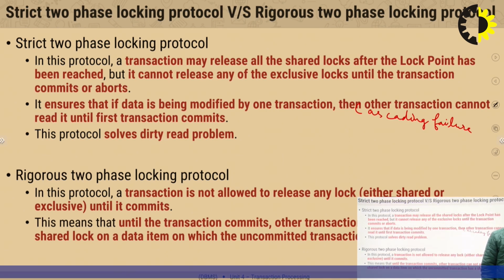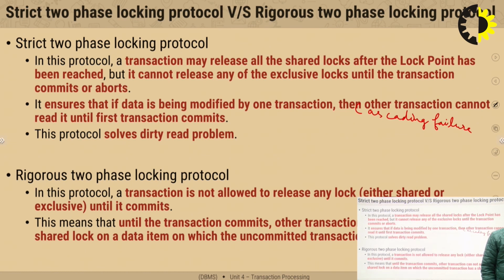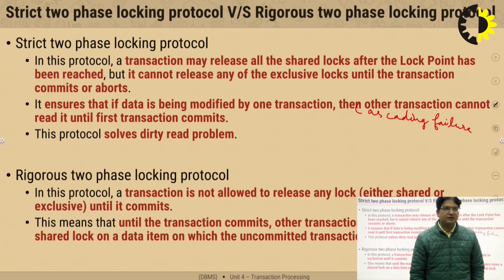Now this protocol means that until the transaction commits, no transaction can acquire even a shared lock on a data item on which the uncommitted transaction has a shared lock. Now this lowers the degree of concurrency.